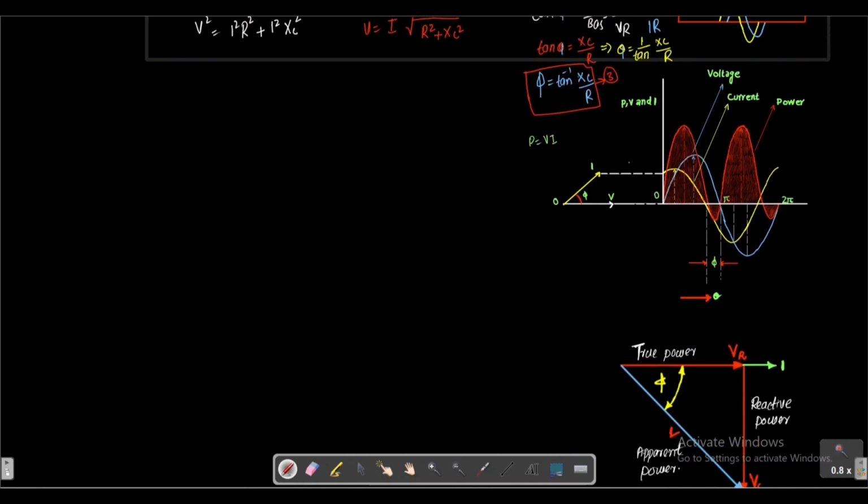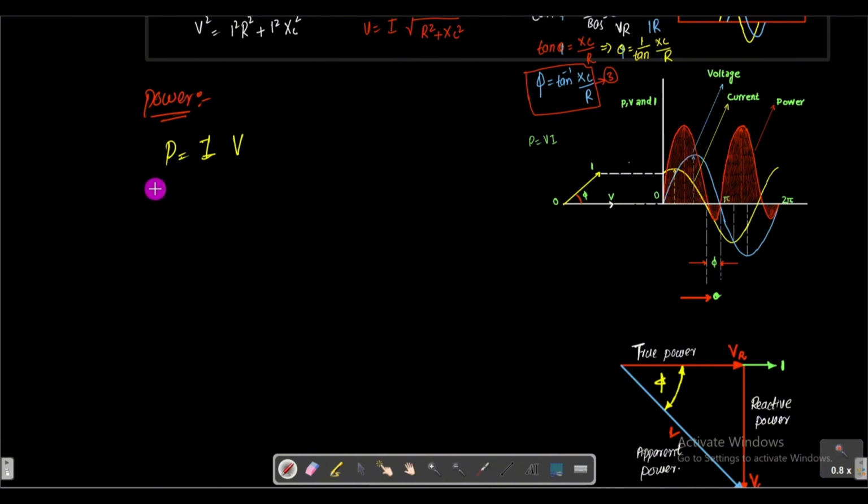So I am going to give the topic here, the power. We know that power is the multiplication of the current I and voltage V. Let's first take the power for the resistive circuit.